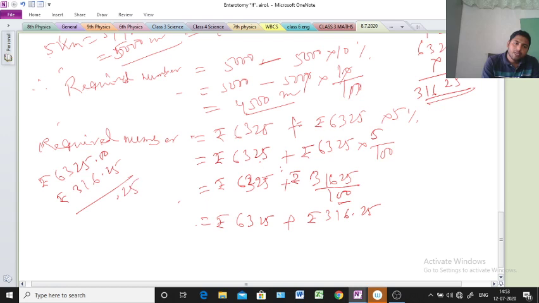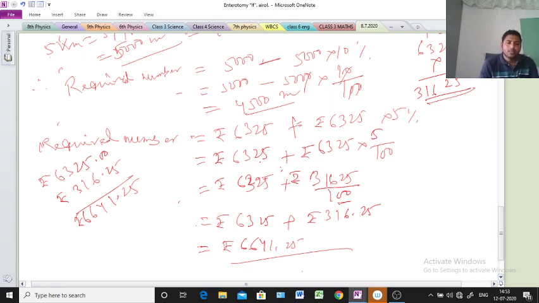Here 0.25, 5 plus 6 is 11, 1 carry, 2 plus 1 is 3, 3 plus 1 is 4, 3 plus 3 is 6, and here 6. That means Rupees 6641.25, that is the answer.